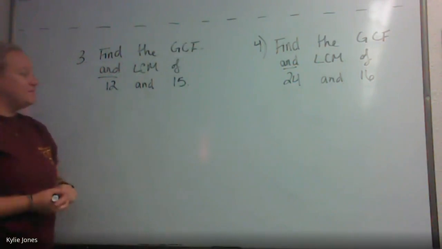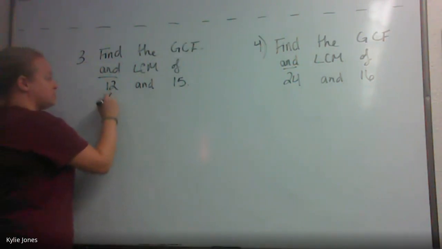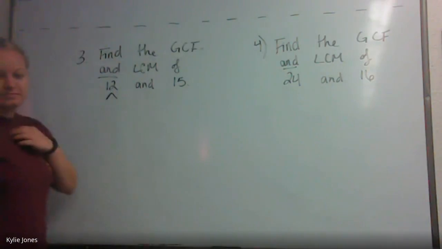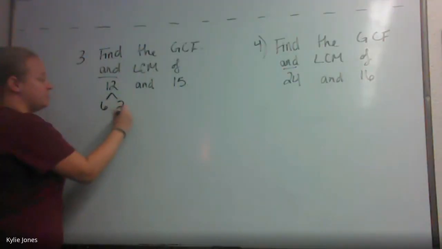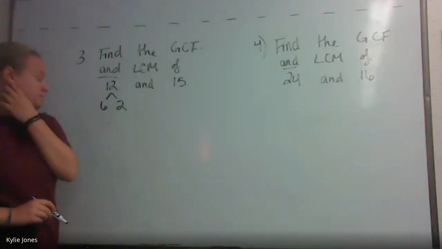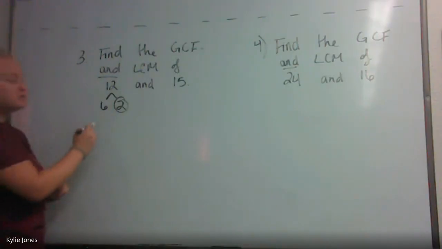For 12 and 15, our first step is to do our factor trees. So what numbers multiply into 12? 6 and 2. Are either of these prime? Can I circle either of them? 2 is. Not the 6, though. What else goes into 6? 2 and 3.